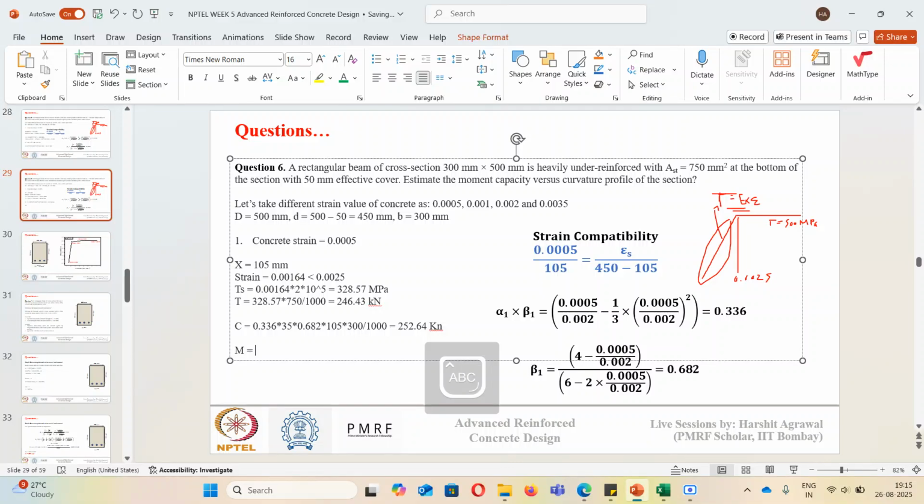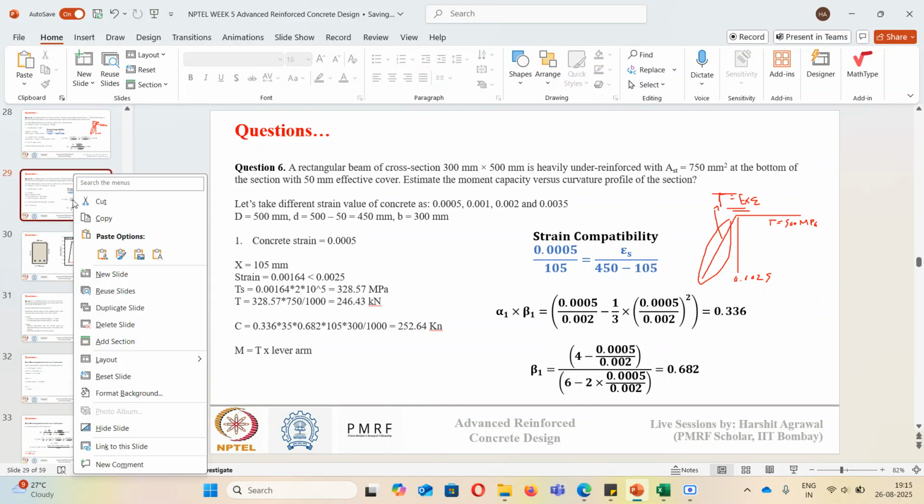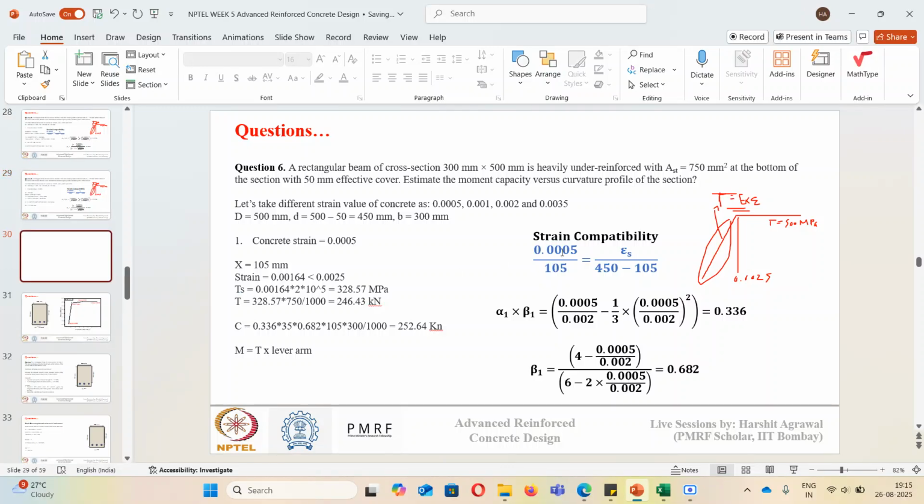So moment is nothing but any one of the forces times the lever arm distance. Lever arm distance is nothing but the distance between the net tension force and the net compression force. I will just show you in one rough sketch what this lever arm means.